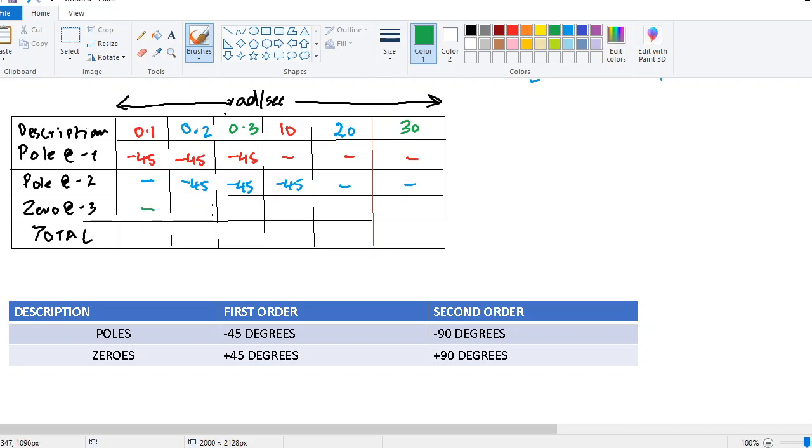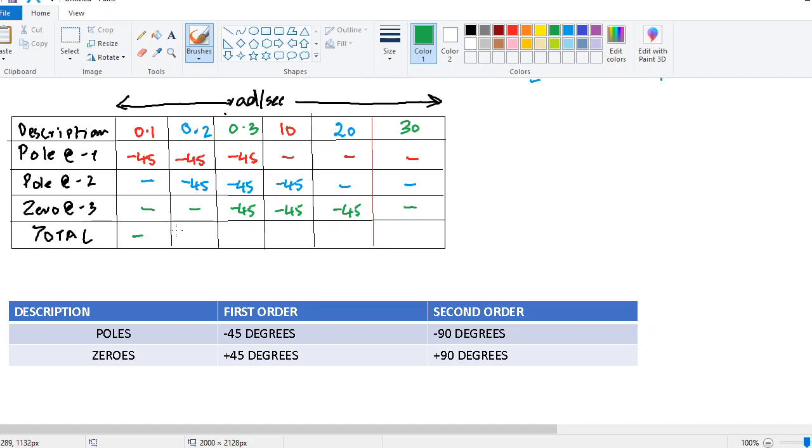At 0.1 radians per second, there's nothing. At 0.2 radians per second, there's nothing. At 0.3 radians per second, there's -45, -45. At 20 radians per second, it's again -45, but at 30 radians per second, it's ending, right?